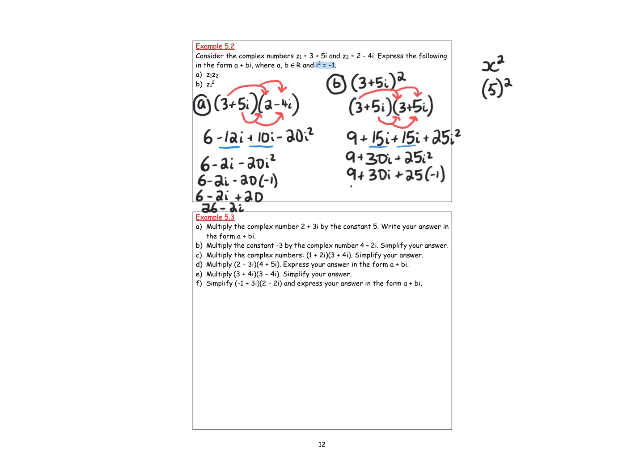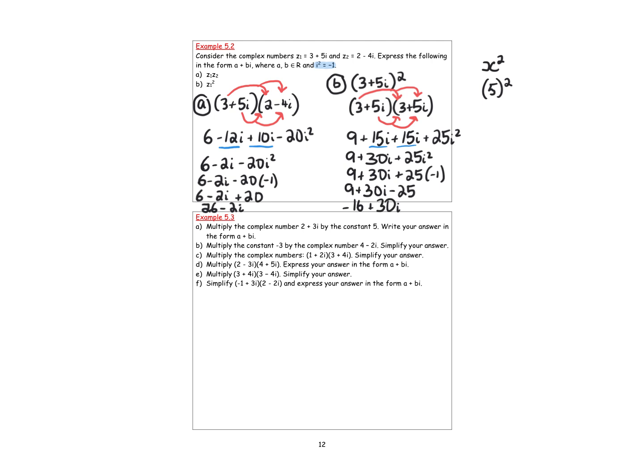And what I'll end up with is 9 plus 30i minus 25. Adding the real parts together, we'll have 9 minus 25, which will give us minus 16 plus 30i.